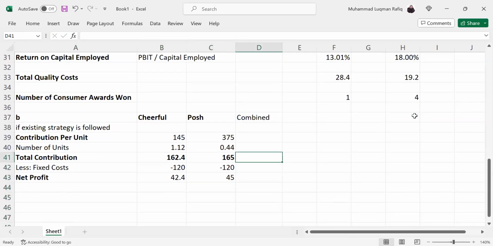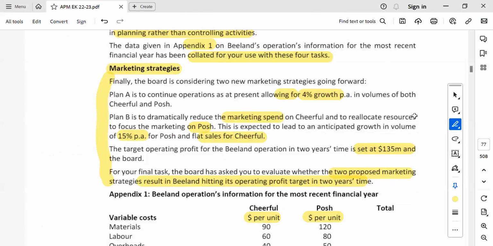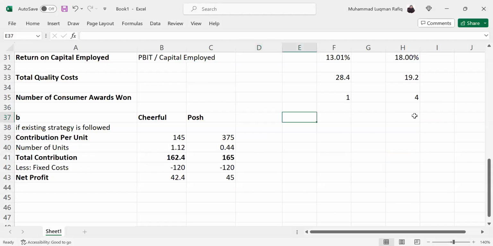Now, what are we expecting? The number of units are going to be after 2 years.